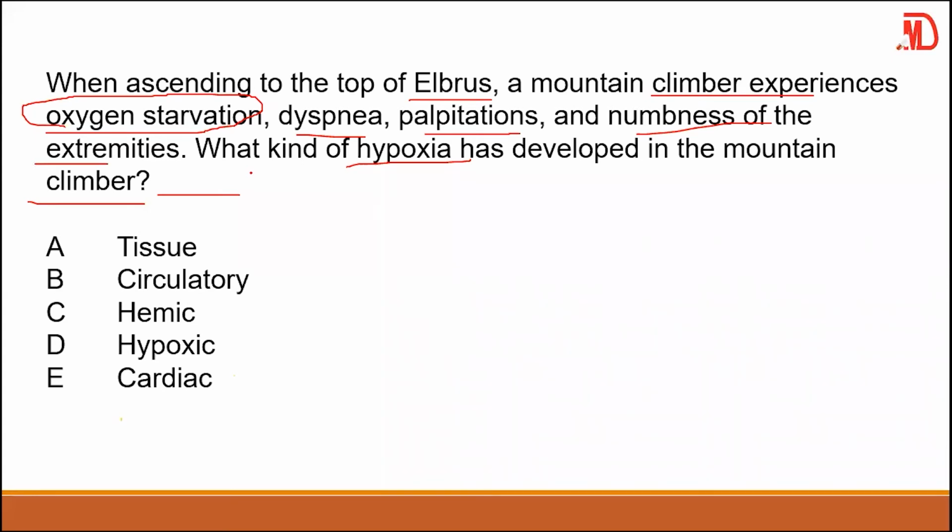Now, in hemic, of course, the name hem should tell you that we are dealing with blood, isn't it? Or hemoglobin. Good. So in hemic type of hypoxia, it is connected with hemoglobin quantity, or inhibition of their functions.